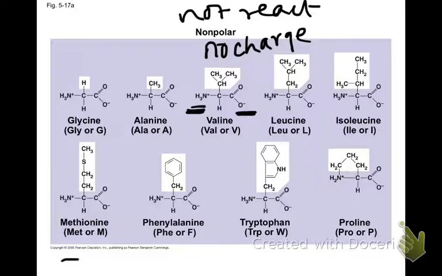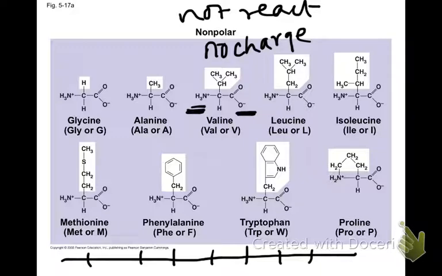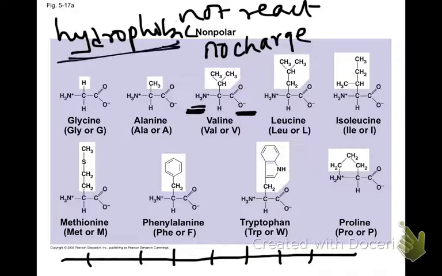So an entire section, if I keep having these kinds of amino acids, glycine, alanine, valine, all of them will have no charge and they will be hydrophobic and insoluble in water. And so they are non-polar R groups. So they are amino acids which are non-polar.